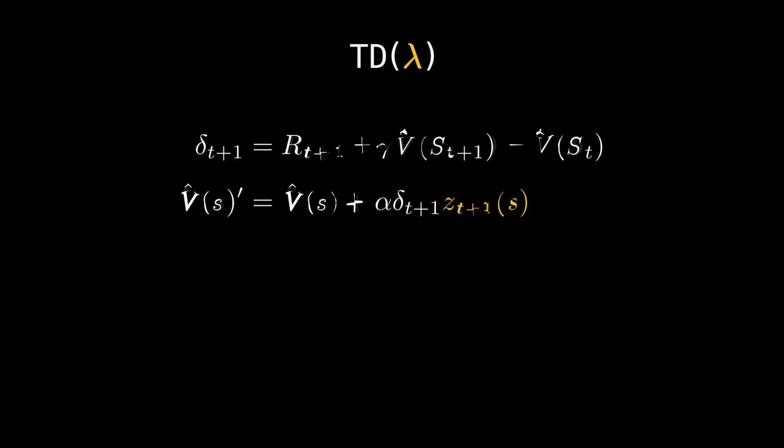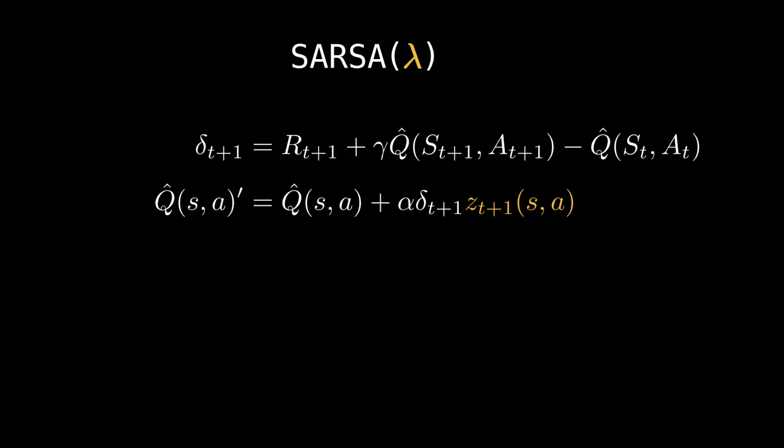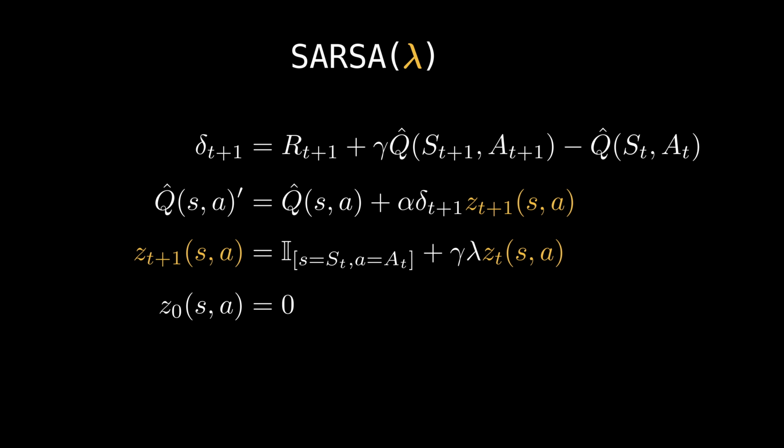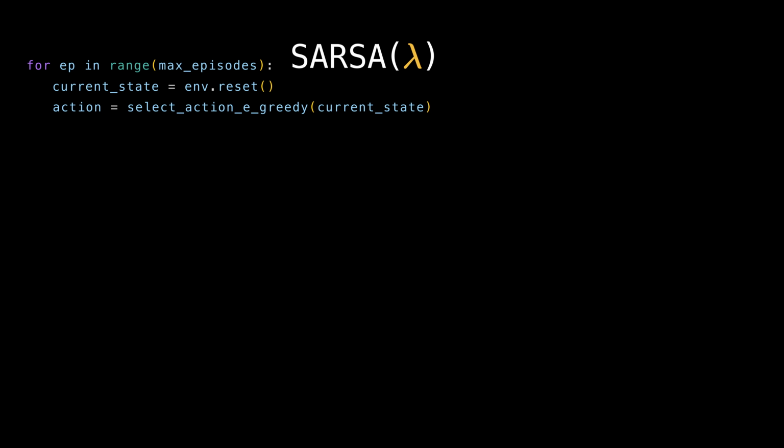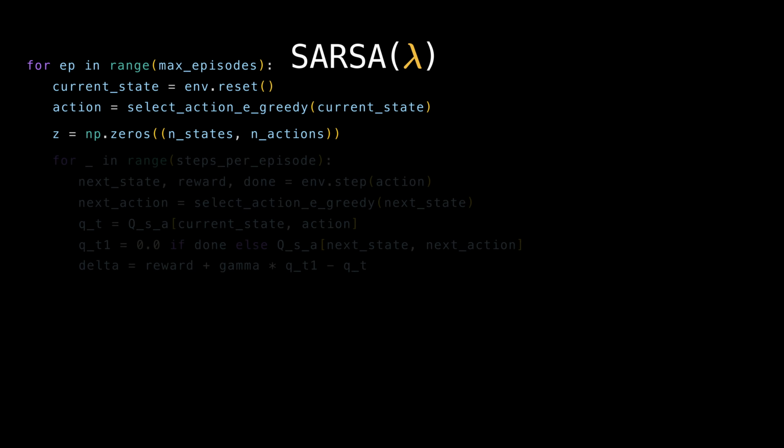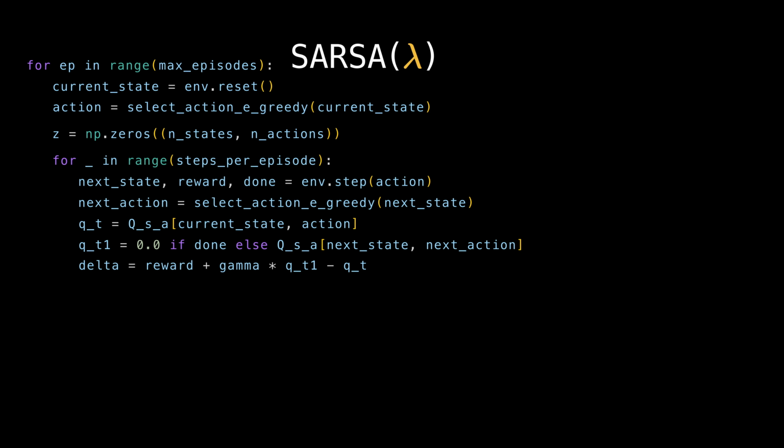We can use the same idea with the control problem by swapping the value function with the action value function. There are many ways to define Z, but let's look at a simple example, the accumulating eligibility traces method. The key idea behind this method is that at the beginning of each episode, the eligibility trace for every state and action pair is initialized to 0, and during each time step, the trace is updated in 2 stages.